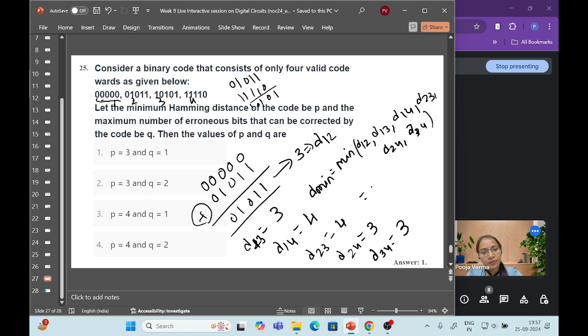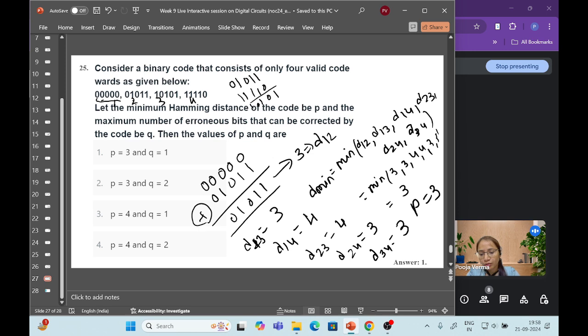So the values are 3, 3, 4, 4, 3, 3. The minimum is 3, so D minimum will be 3, and it is represented by P, so that means P is equal to 3. Okay, now you have understood this one. P is equal to 3 we have got.